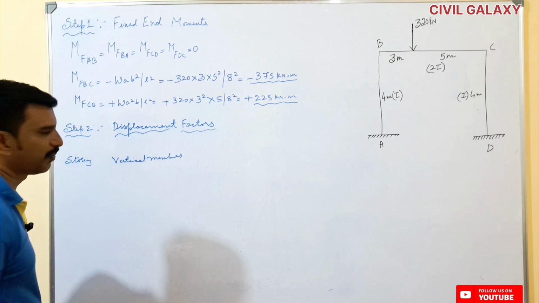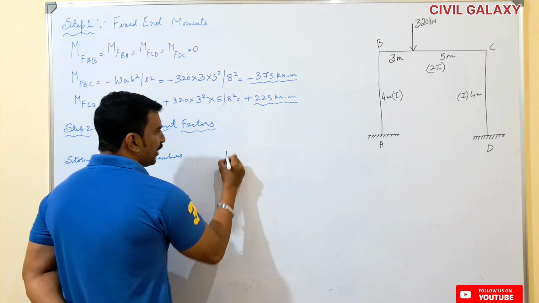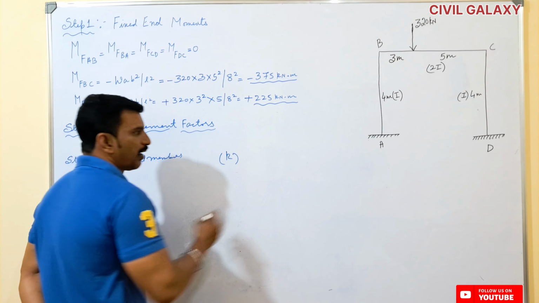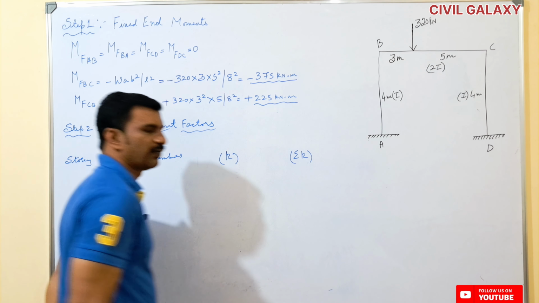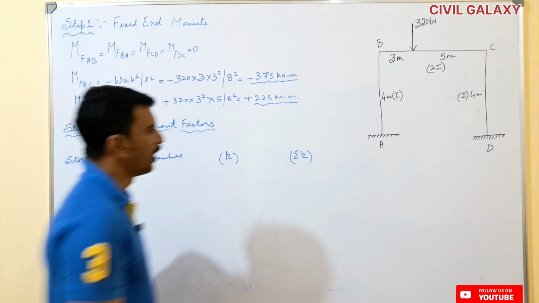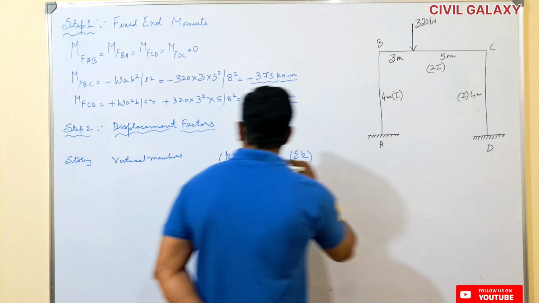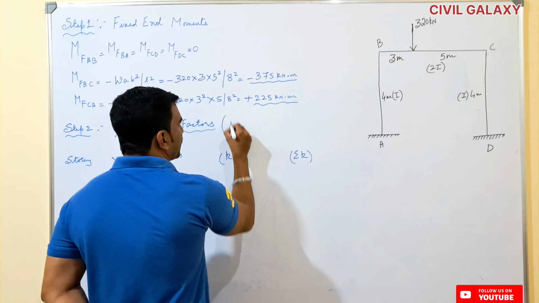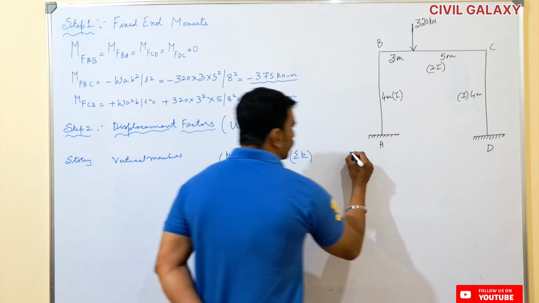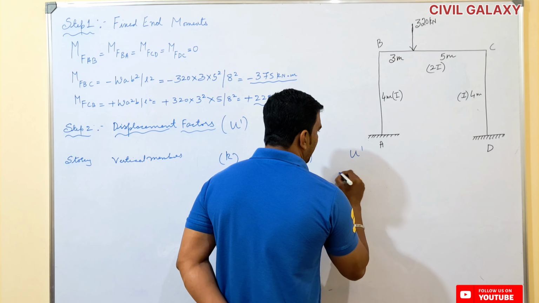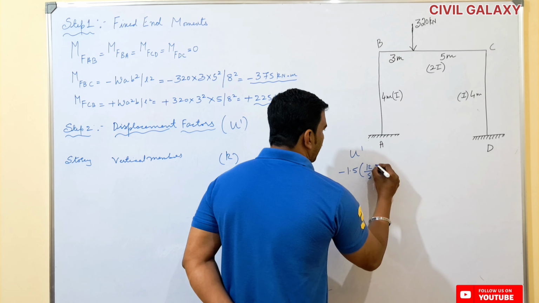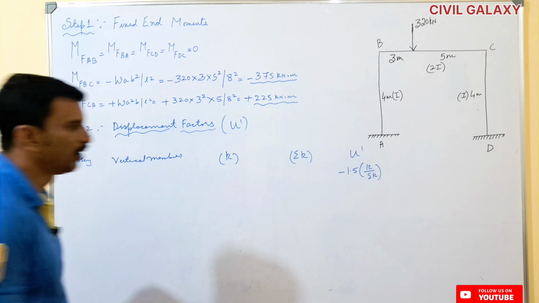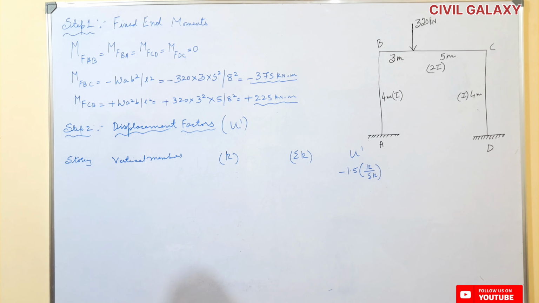For those vertical members, I need to find out the relative stiffness, which is given by K. Then I have to consider the total stiffness, which is sigma K. Next I have to find out the displacement factor, which is represented by U dash. U dash here is given by minus 1.5 into K upon sigma K. This is the formula we are going to use to find the displacement factors.